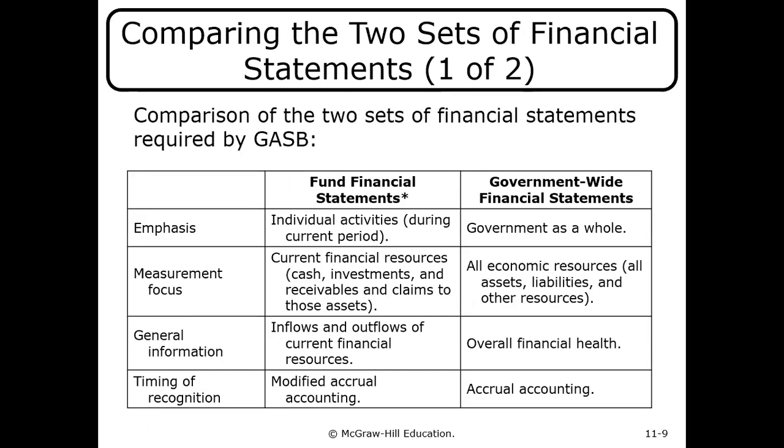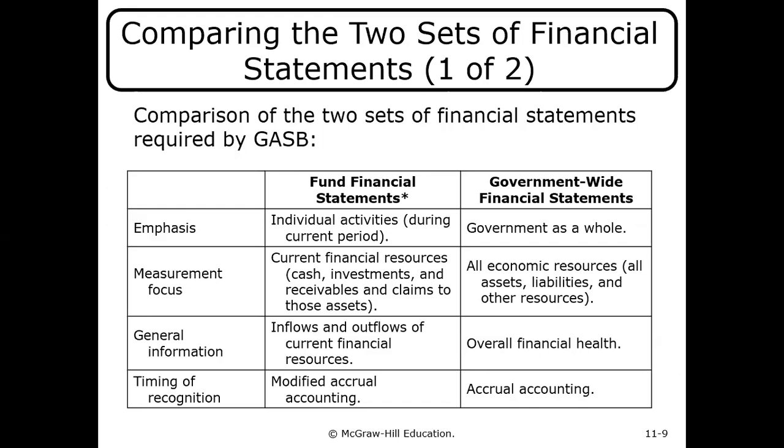So this is a great little table showing us the difference. When it comes to fund financial statements, you'll see there it says individual activities are focused on for fund financial statements, government as a whole, for government-wide. When it comes to fund financial statements, the measurement focuses on cash and investments and receivables and claims to those assets, so only current financial resources.